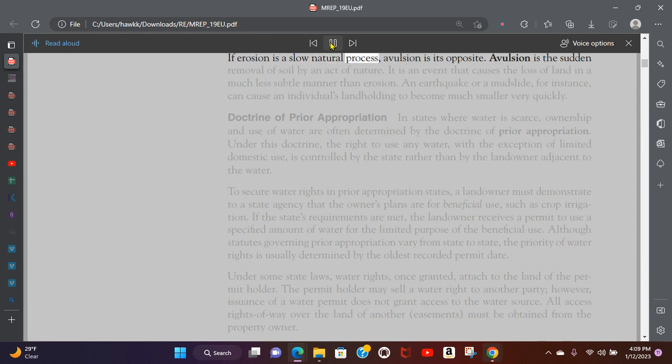If erosion is a slow natural process, avulsion is its opposite. Avulsion is the sudden removal of soil by an act of nature. It is an event that causes the loss of land in a much less subtle manner than erosion.